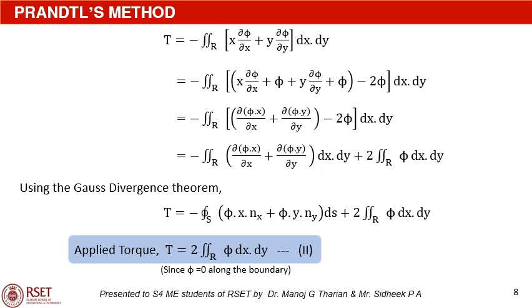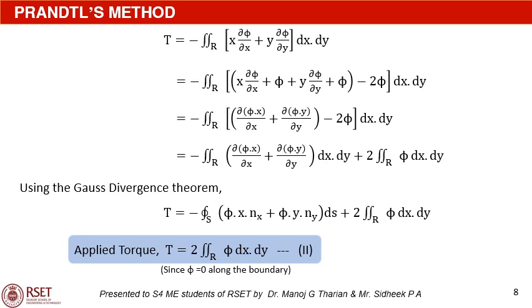Using Gauss divergence theorem for 2D, the first integral in the above equation can be written as a line integral along the boundary. Thus, the above equation becomes applied torque T is equal to integral over the boundary S of (φ x nx plus φ y ny) ds plus twice double integral over the region R of φ dx dy.